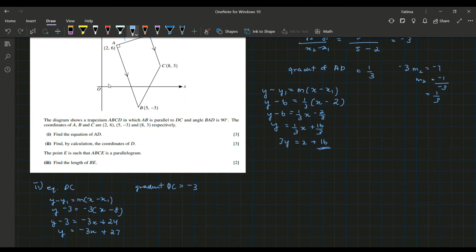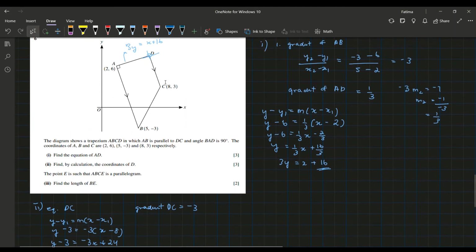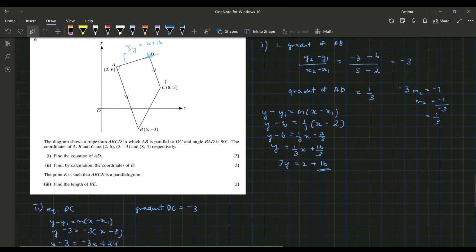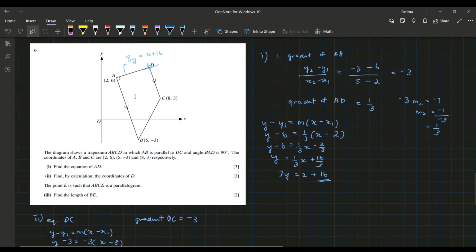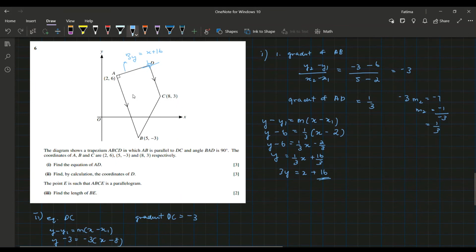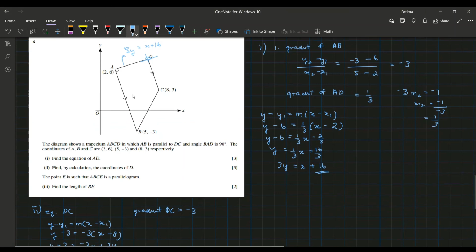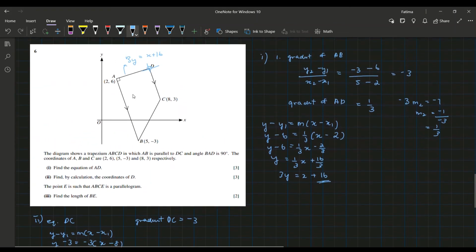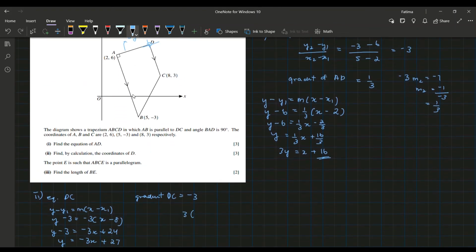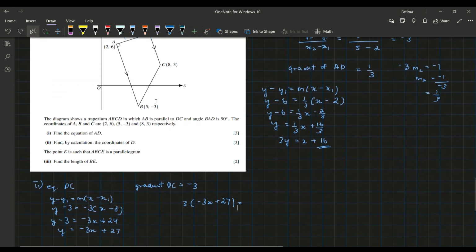So now I can equate the equations of AD and DC to find my intersect D. When I equate that, I can simply substitute equation DC into equation AD, or I can make y the subject of the formula in AD, but things become a little messy in my opinion at least. So I'm just going to substitute DC into AD. So DC over here is -3x plus 27, and AD over here is 3y, so 3 into (-3x plus 27) is equal to x plus 16.